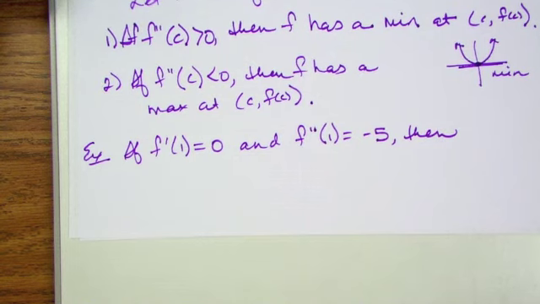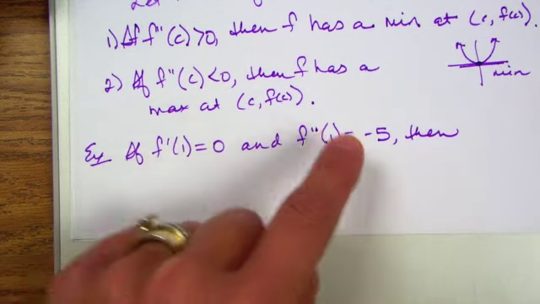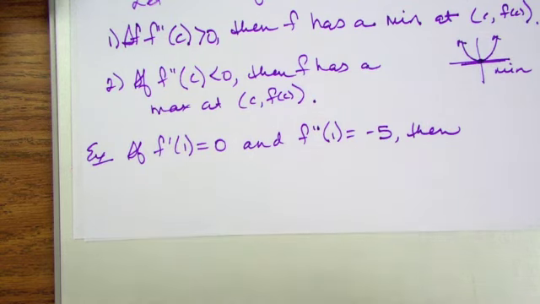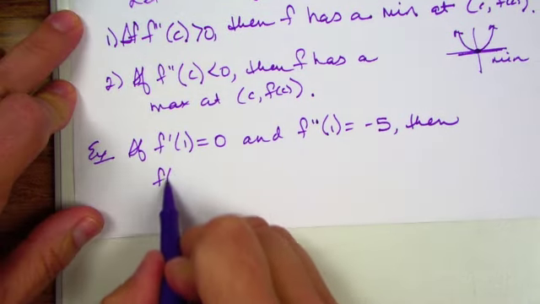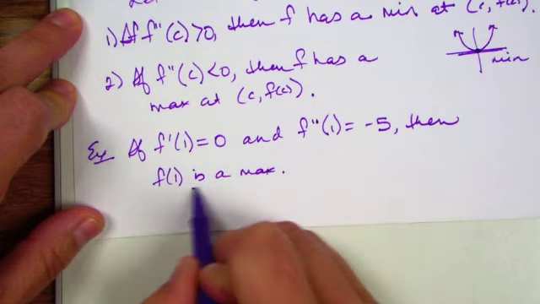We're at x equals 1. The first derivative there is 0, but the second derivative there is negative. What do you know you have to have at 1? You have to have a max. Then f of 1 is a max.